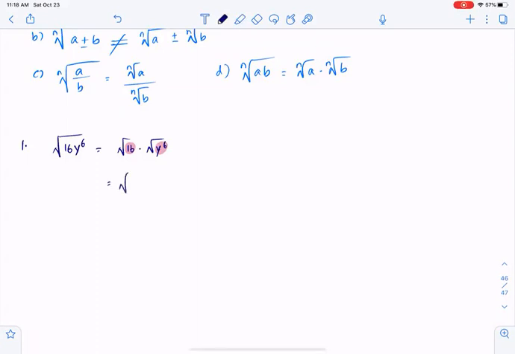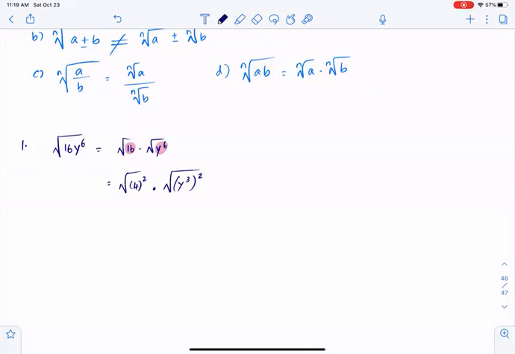I should write the number inside the root, 16, as a square of some other number. Well, 16, I could write it as 4 squared. Similarly, I want to write y raised 6 as a square, so y cubed squared.